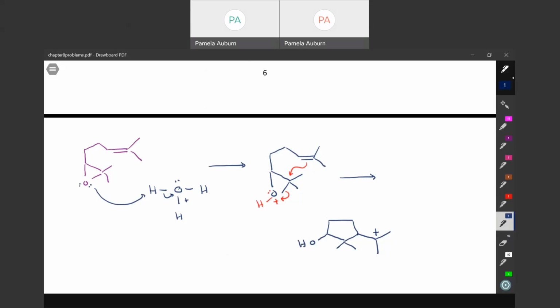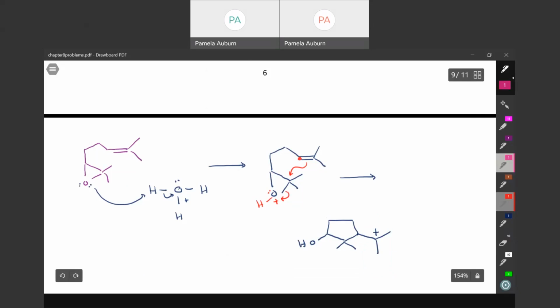So a couple of questions. Why do I form the bond to this carbon and not the other one? And the reason for that is I get a tertiary carbocation, which is more stable. So that's why you form that 5-membered ring. I have a carbocation now, and I have acid, and I have water. So water has to be my base that's going to do the deprotonation.